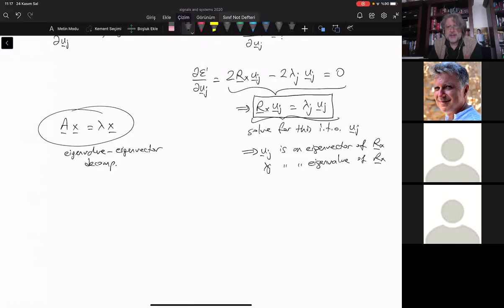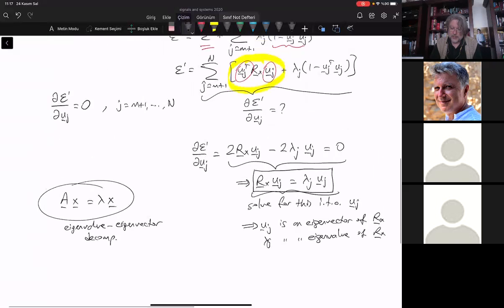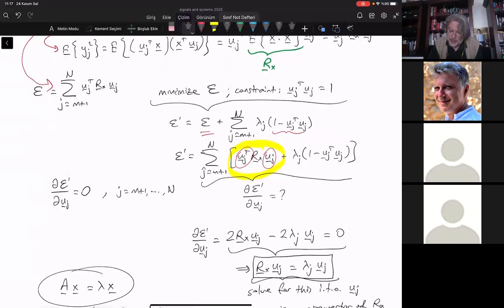How many eigenvectors do I have for a capital N by capital N Rx matrix? We have capital N many eigenvectors. So which one of them is the first eigenvector, which is the first basis? Which one is the second? Which one is the last? That is something that we have to find out too. But for that, we have to start from here.